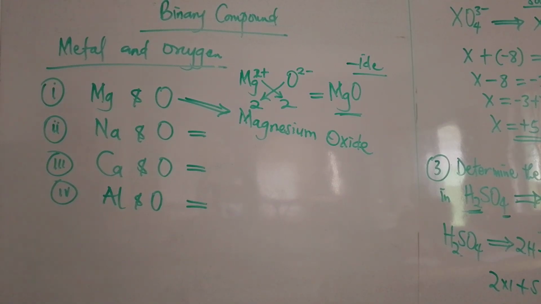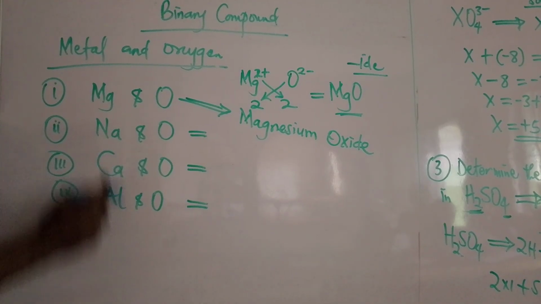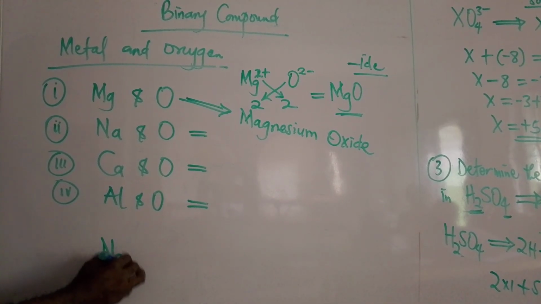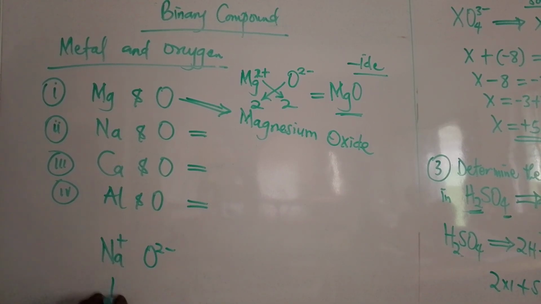So now let's check this one. This number 2. What is the charge on sodium? Plus 1. Good. Na+. Oxygen is always what? 2 minus. We have 1 and 2. So let it cross. So that gives us what?